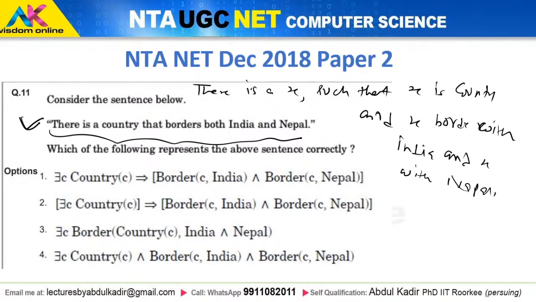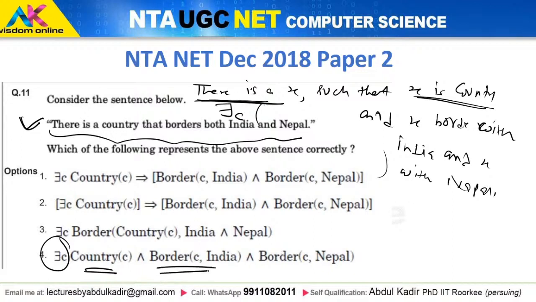There exists an x, or there exists a c, it does not matter, you can use any symbol. There exists a c such that c is a country, and c borders with India, and c borders with Nepal. This is the meaning of this statement.